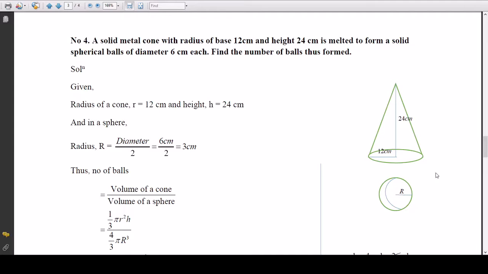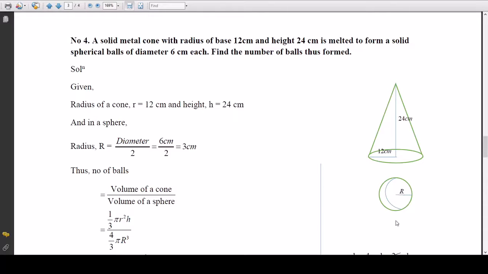If you melt a big cone and make small balls, that means you will get many balls, isn't it? But how many balls you will get, that we have to find out.